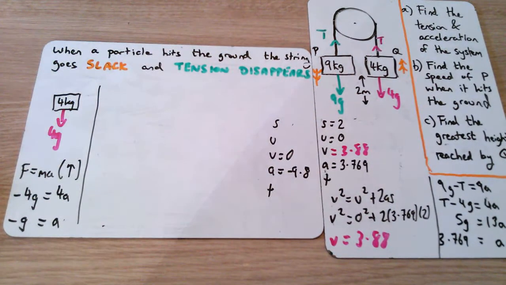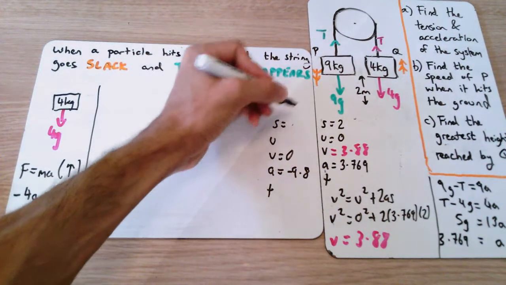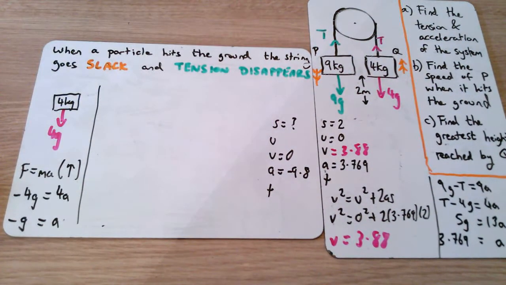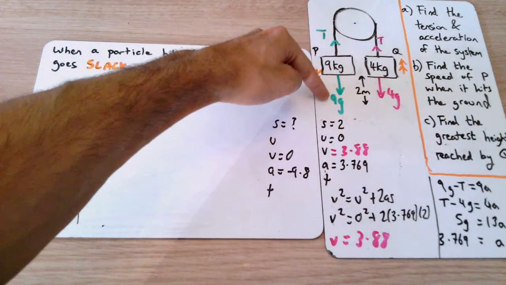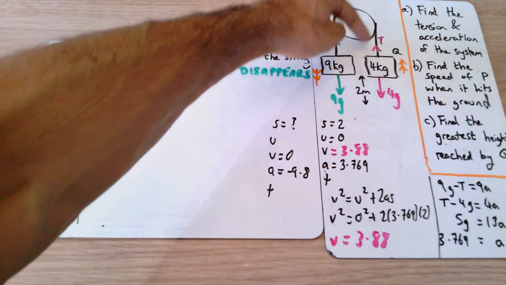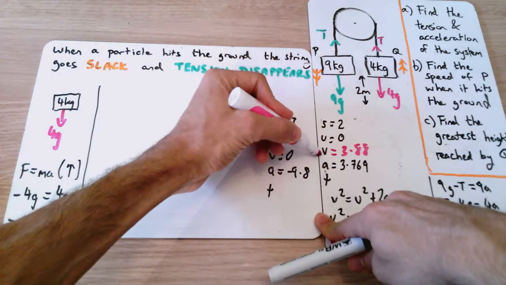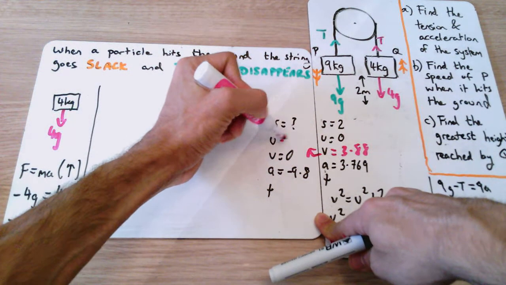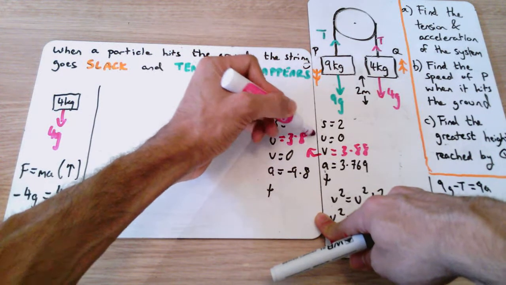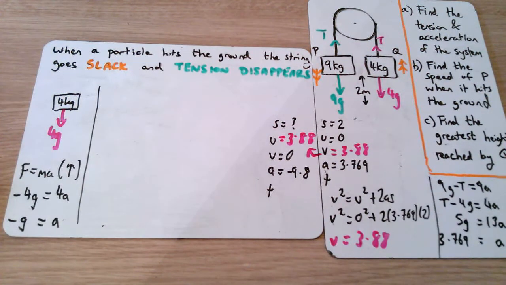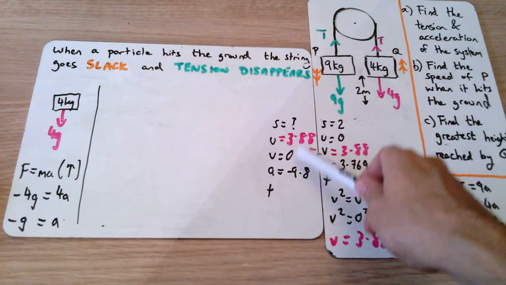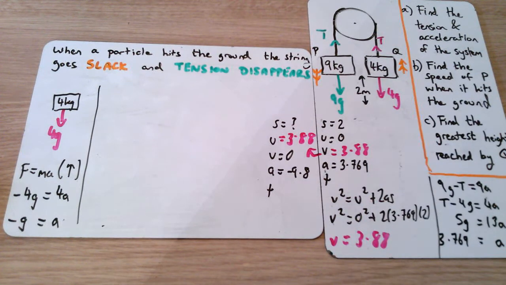What we're looking for is the value of S. Now I don't have enough values there to work out my SUVAT, but in the case of a two-step SUVAT, when this particle P hits the ground, Q has increased its speed to 3.88. So the final velocity of period 1 becomes the initial velocity of period 2. This is always the case. The final velocity of the first section becomes the initial velocity of the second.